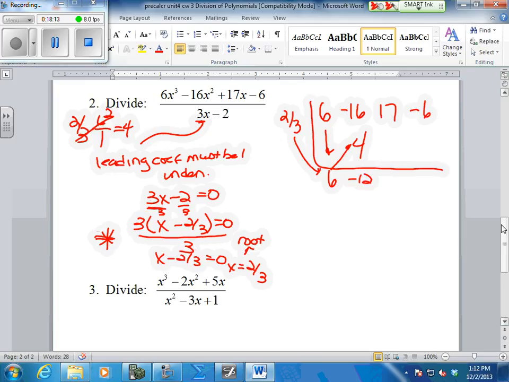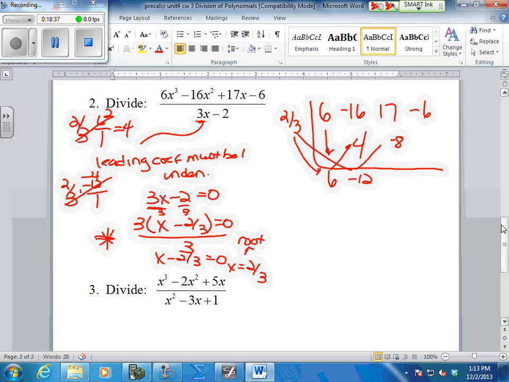Now notice that negative 12 is a multiple of 3. So therefore, when I multiply, shouldn't I get rid of my fraction? So 2/3 times negative 12, this will become negative 4. And what's 2 times negative 4? Negative 8. I multiply, I put it here.